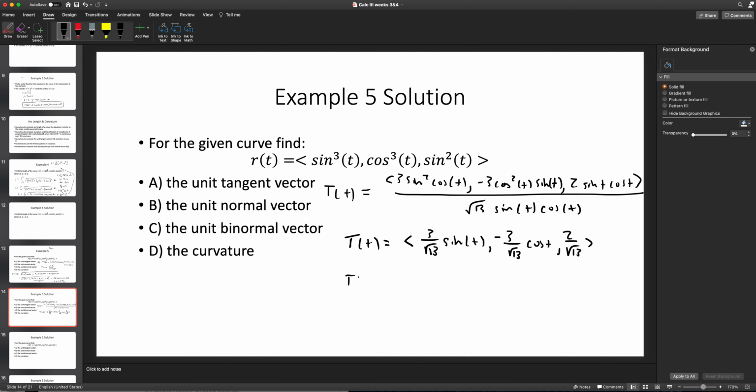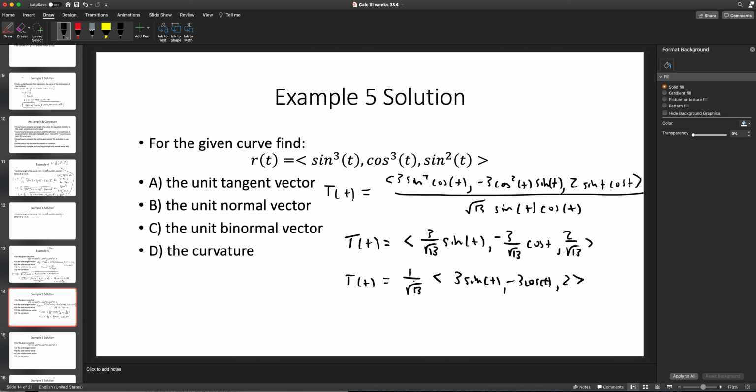You can bring out the root 13 in front: 1 over root 13 times 3 sine t, negative 3 cos t, 2.